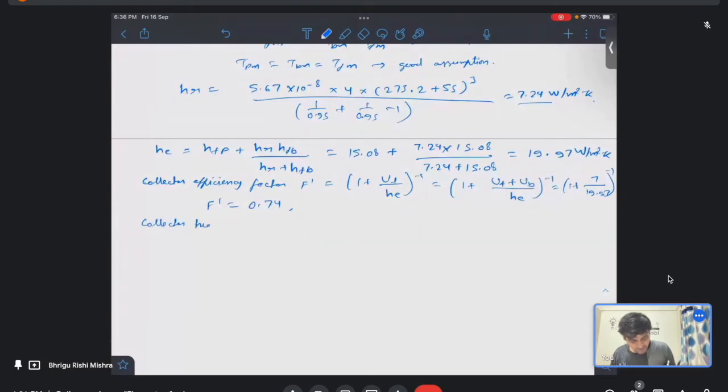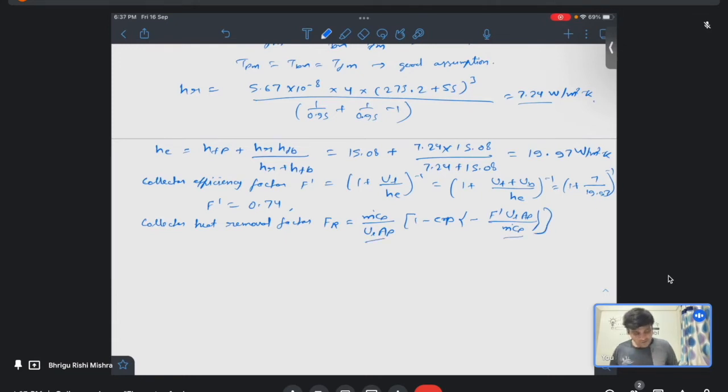So now we can calculate the collector heat removal factor, FR, which is m dot Cp by UL AP into (1 minus exponential of minus F dash UL AP by m dot Cp), basically the inverse of this term here.